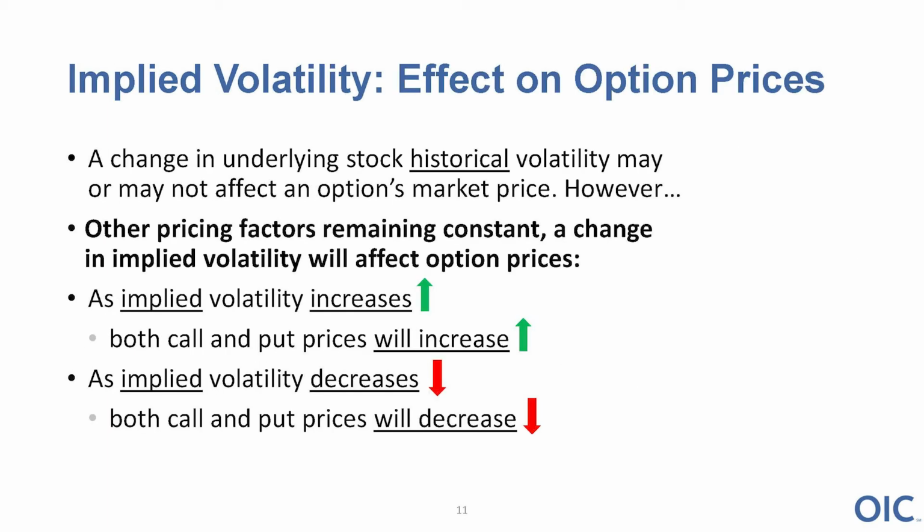So, implied volatility and its effect on options prices. Implied volatility affects options prices directly. As implied volatility goes up, both call and put prices will increase. And as implied volatility decreases, both call and put prices will decrease. Now remember, there's two types of volatility, historical and implied. Regardless of what a stock has done in the past, it has no bearing on how volatile it'll be in the future.